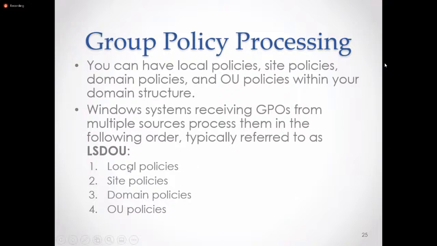The order is first any local policies which are there will be applied, then site policies. Local means local to the server, right? I told you the difference between local and domain. Local only applies to that server, right? So domain applies to the whole domain, to all servers and whatever is inside.